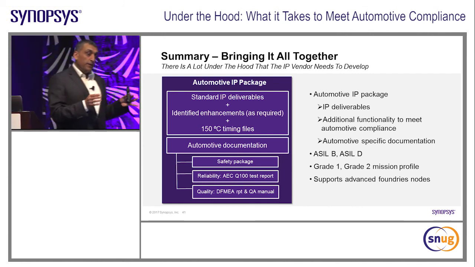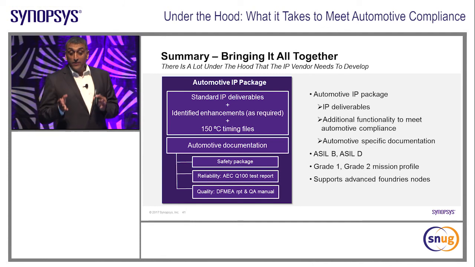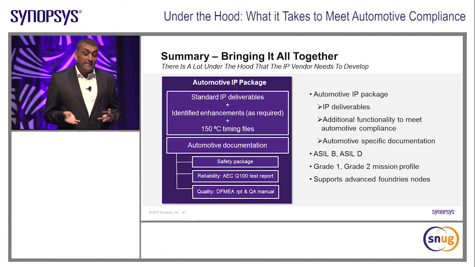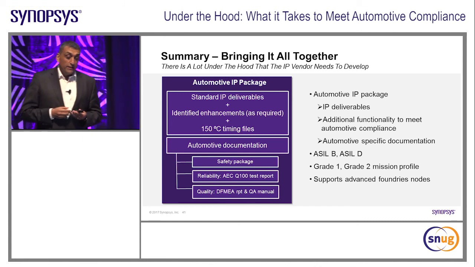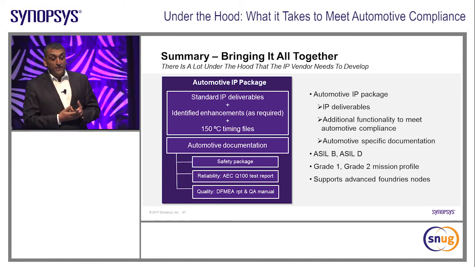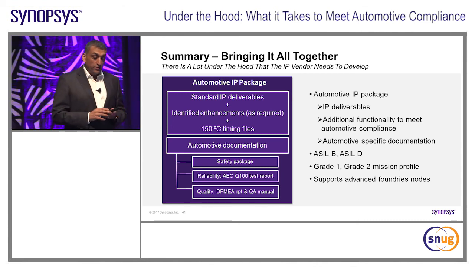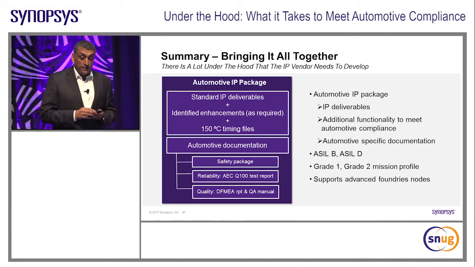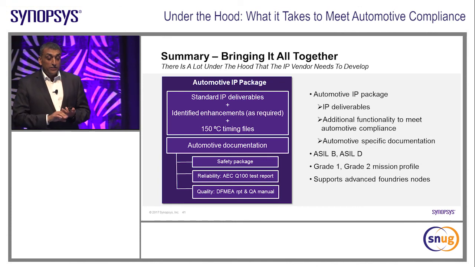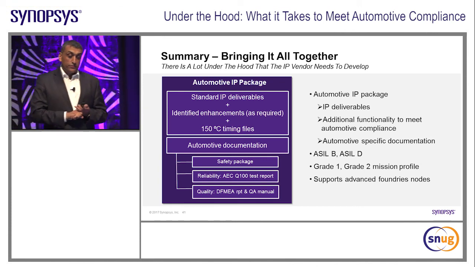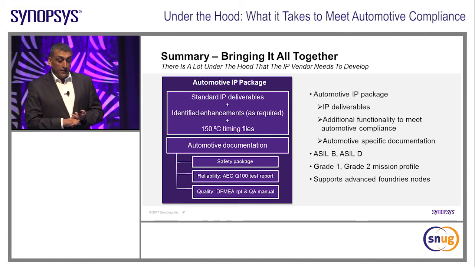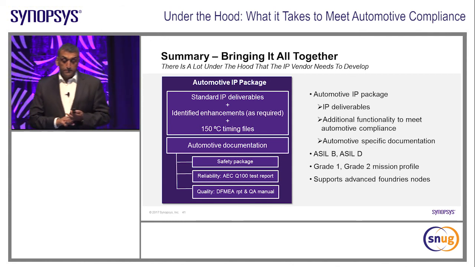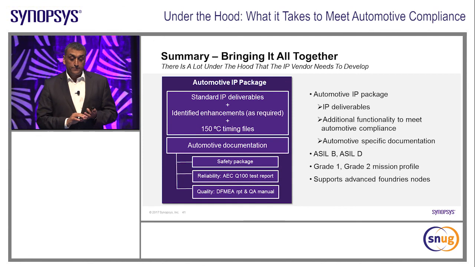So you've got your standard IP, you've got your automotive IP. That automotive IP is managed through an automotive package in terms of deliverables, right? So we've met the 150 degree temperature requirements. We've added all the documentation that's needed for auditing. That includes the safety package, it includes the reliability reports, and it includes the quality reports designated by DFMEDA and QA manuals.